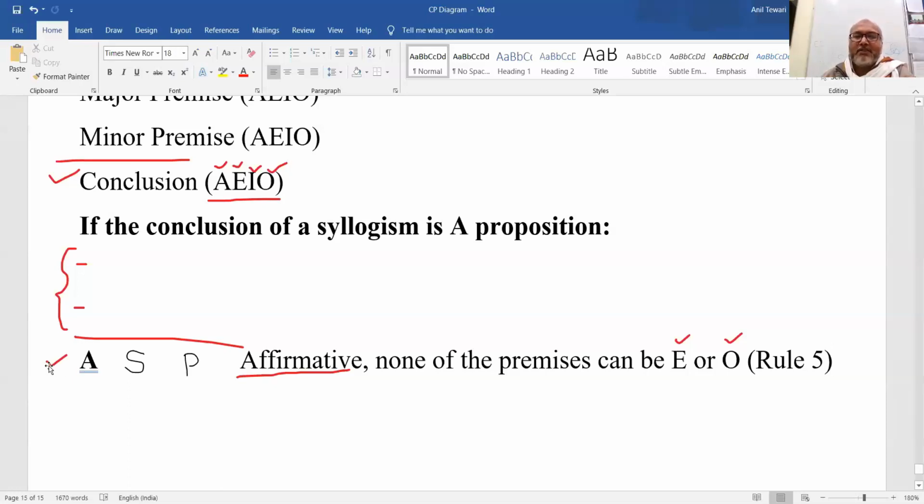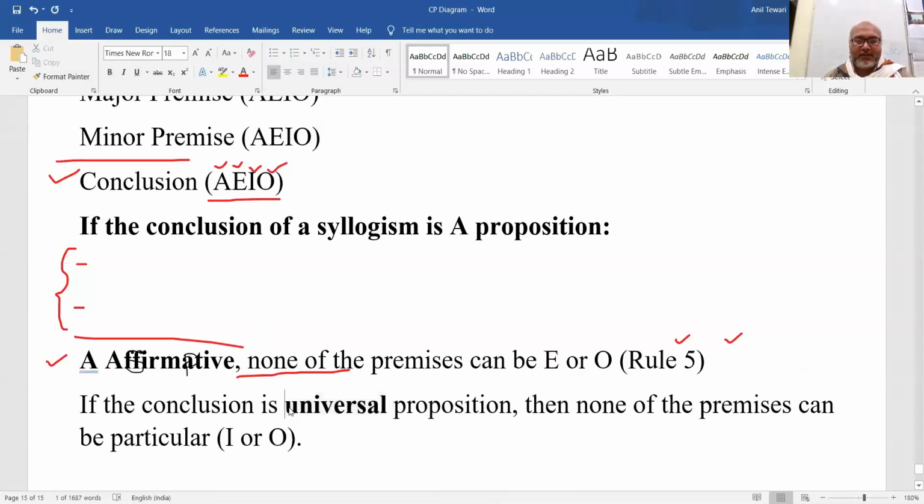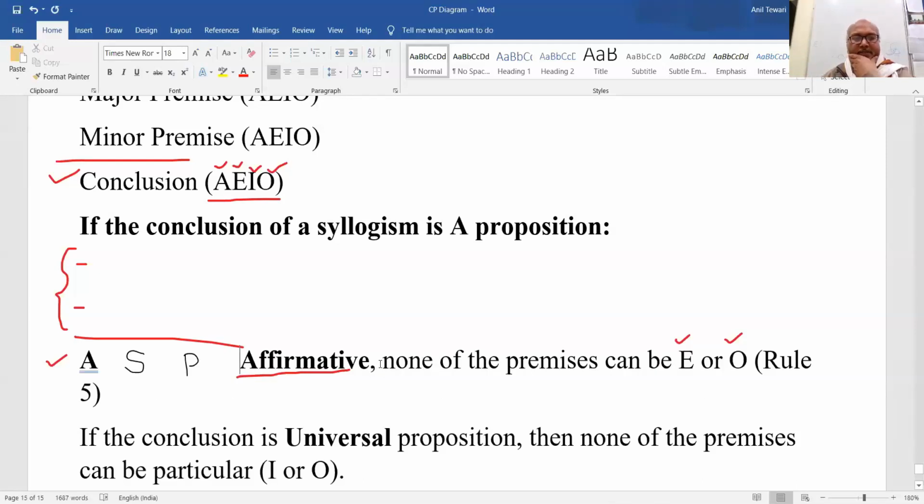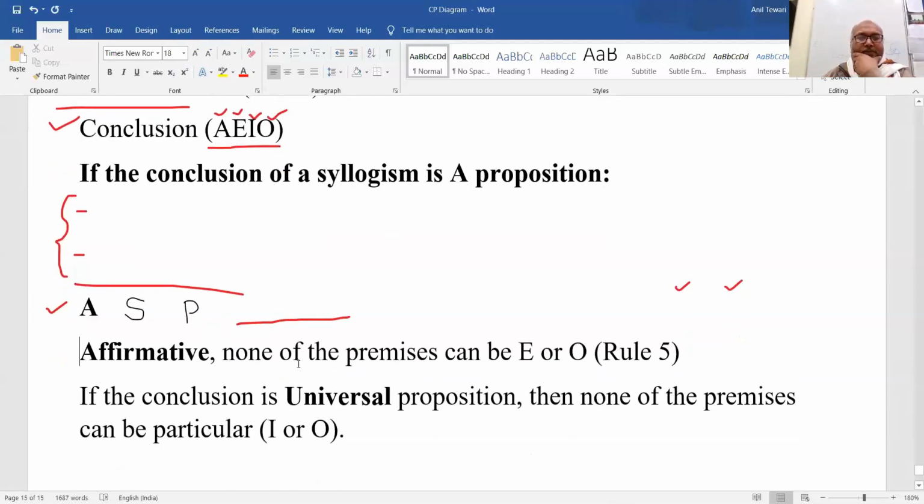The implication of that rule is also that if your conclusion is universal, then none of your premises can be particular. तो पहले quantity देखना है, फिर quality देखना है, और फिर distribution भी देखना है. Only 3 things you need to consider, and then remember all the 5 rules. When you have considered that your conclusion is affirmative, so you have excluded the possibility of your premises being E or O.